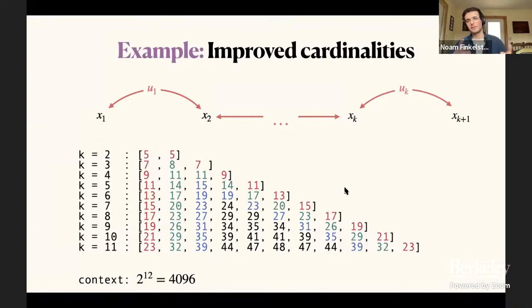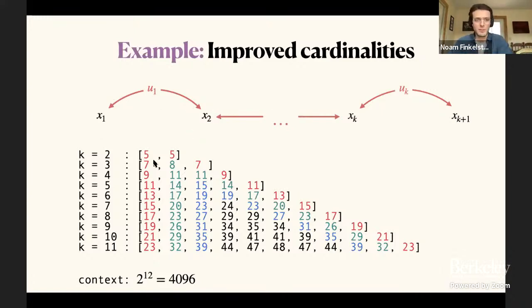So as I mentioned, there isn't a closed form expression for the number of nested Markov parameters, and we also don't have a closed form expression for the number of relevant nested Markov parameters given a graph. So it's a little hard to figure out exactly how these non-restrictive cardinalities scale with the length of the chain.